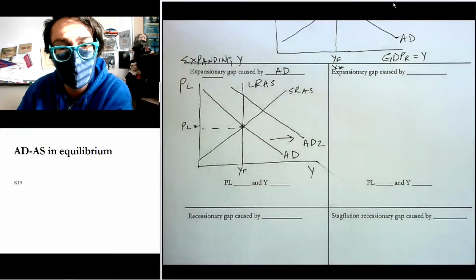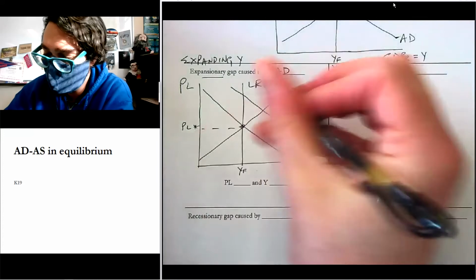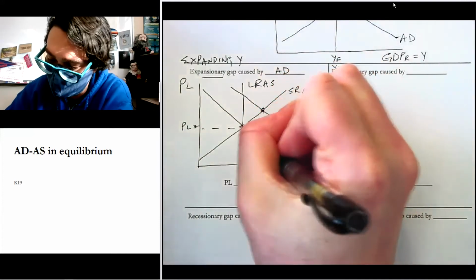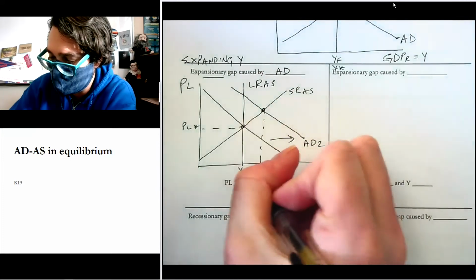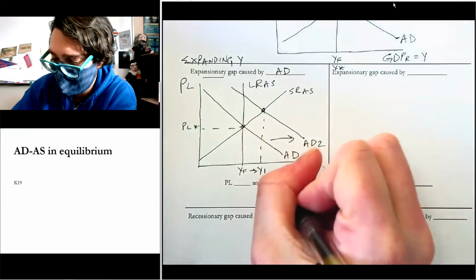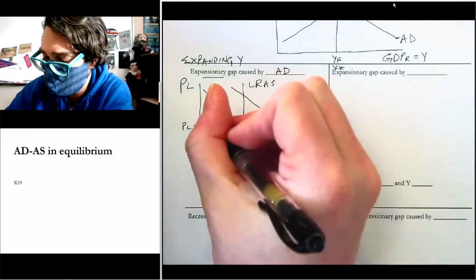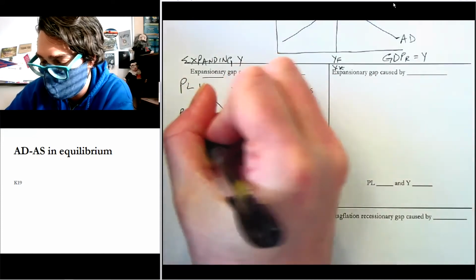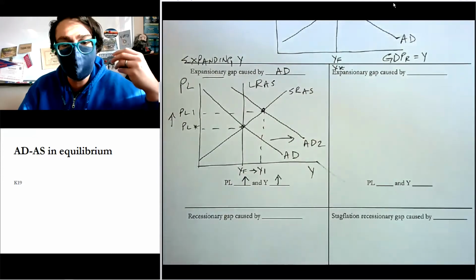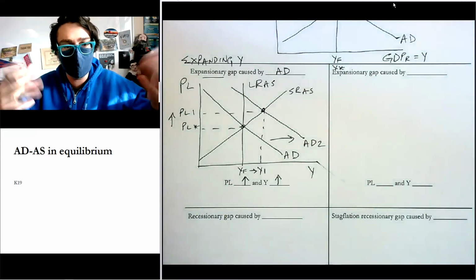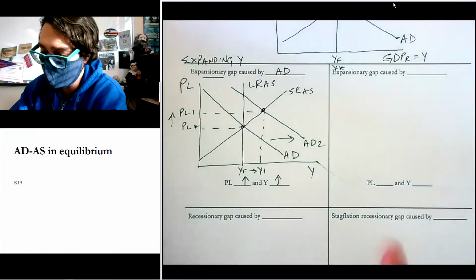So if aggregate demand increases, then we end up with a short run period where we've got a little bit more output. We went from YF to Y1, so we'd say output goes up. But what also happened to price levels? Well, price levels went up. So if aggregate demand goes up, price levels go up and output goes up. They both rise. And we have a gap.